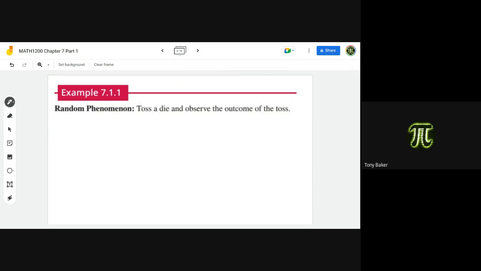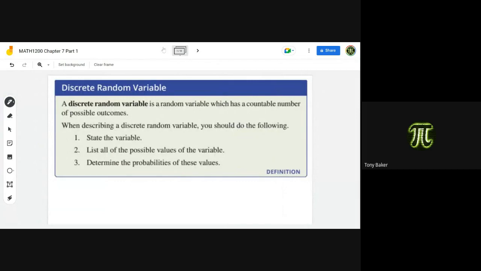Okay, so if it is discrete, we can list 3 things about it. We can state the variable. We can list all possible values of that variable. And we should be able to determine the probabilities of these values. Some are going to be easier than others to do number 3. Number 2, we should be able to do.